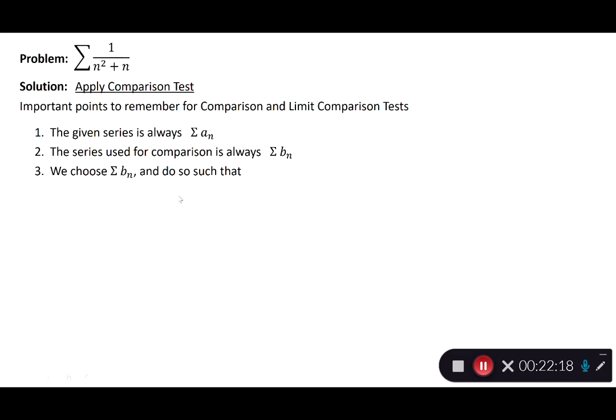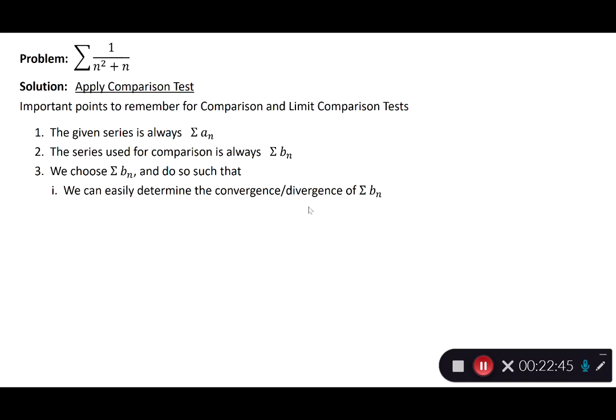We choose sigma b sub n such that these are the points that must be satisfied. Number one, when we pick a sigma b sub n, we should be able to quickly, fairly effortlessly figure out whether our sigma b sub n converges or diverges.